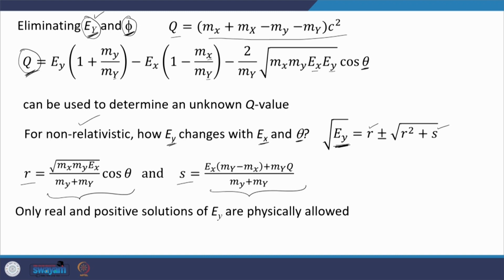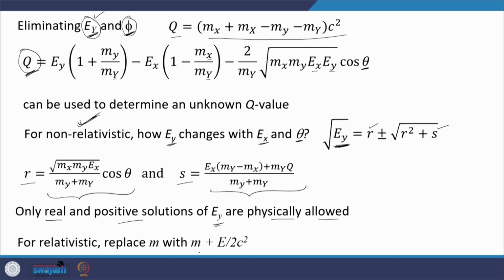Now, according to this equation, we can see that only real and positive solutions of ejectile energy are physically allowed. Only real and positive solutions of ejectile energy are physically allowed. Now, as I said, these formulae represent the non-relativistic case, right. What about the relativistic case?